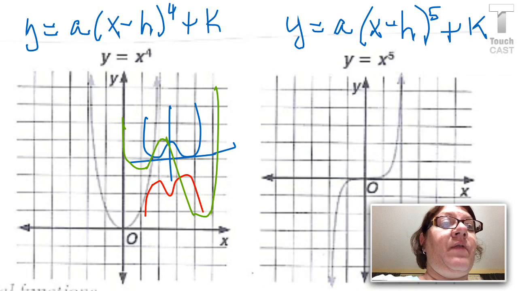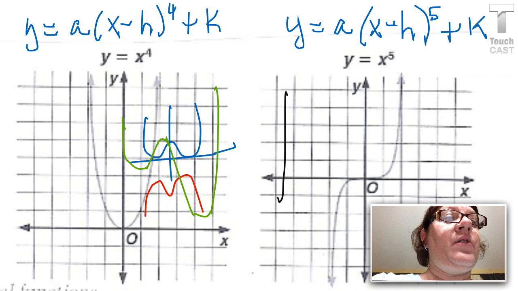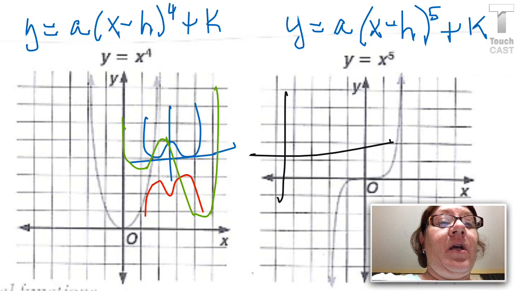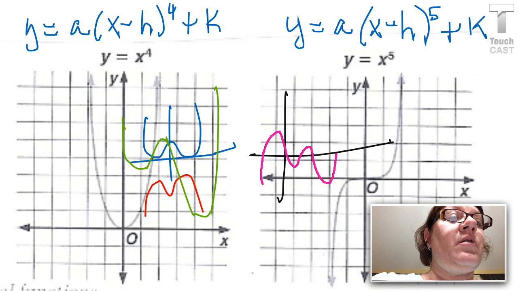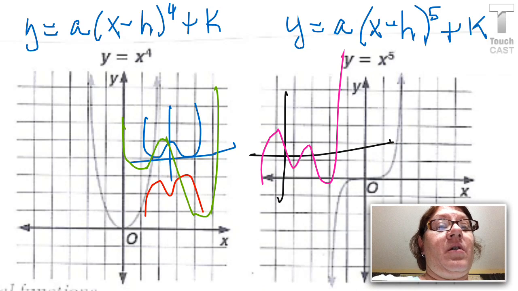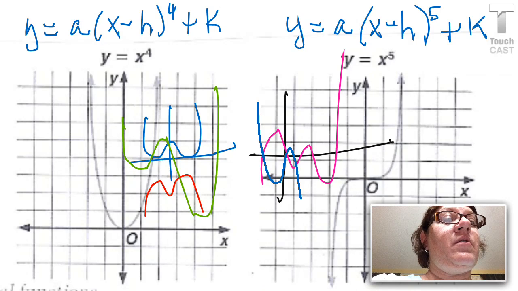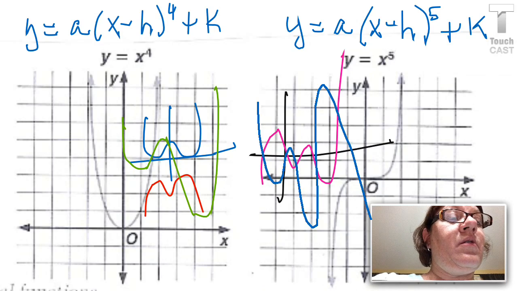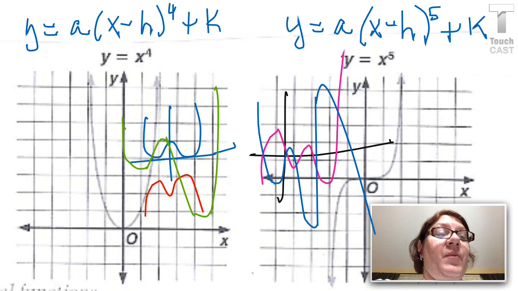And then of course the degree 5, same thing. I could have something that looks, here's another xy axis, I could have something that looks like this, or I could have something that looks like this. So any of those are options.